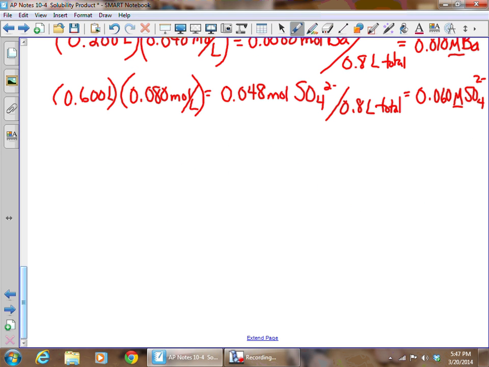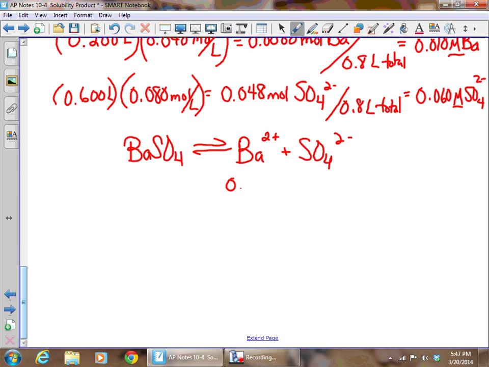We are now ready to write our equation that barium sulfate, our insoluble salt, is going to slightly ionize to form the barium ion and the sulfate ion. As we just calculated, barium is 0.010 molar, sulfate is 0.060 molar. Again, we don't care about barium sulfate in this RICE equation because it's a solid.